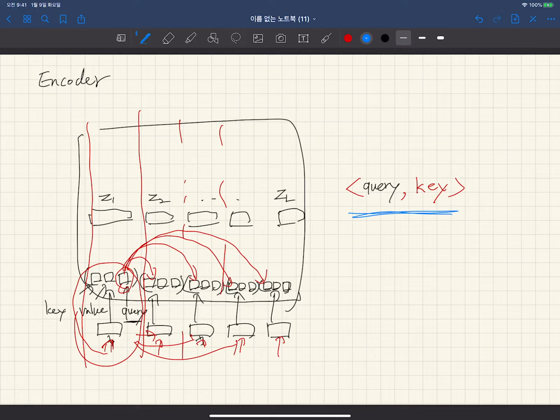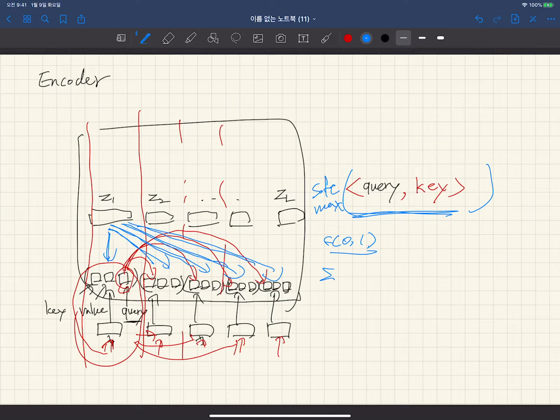And using this inner product, we essentially make an adaptive fully connected layer again. Here the weight is computed using this query-key inner product and a softmax operation. So again, the weight values will be inside the interval 0 and 1, and the sum of the weights will be equal to 1.